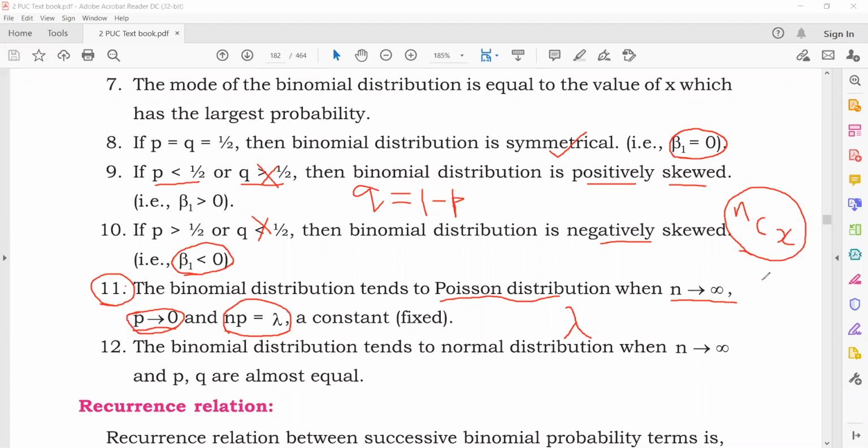Now, along with nCx in the PMF, we have the next term, which is p to the power of x. Now, x is the number of successes, but we have the probability of success to be very low. It is somewhat like 0.01 or 0.009, 0.1. And if you say 0.001 to the power of 10 or 0.01 to the power of 20, then it literally becomes equal to 0. So your PMF is always taking the value 0 when your p becomes closer and closer to 0.